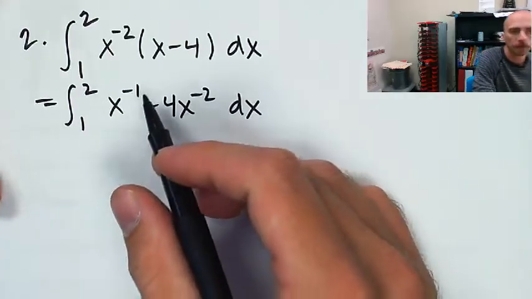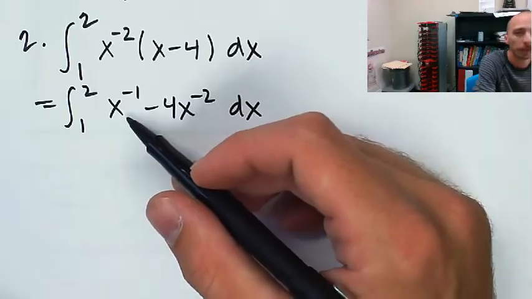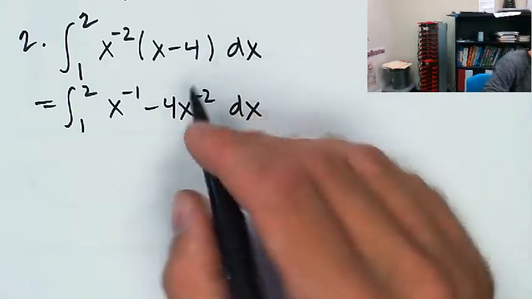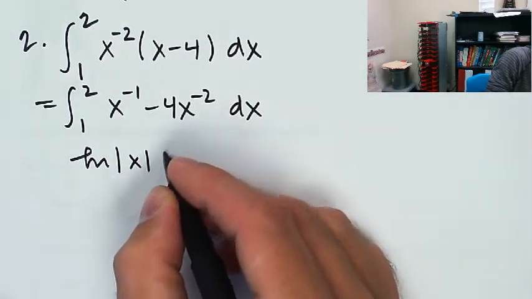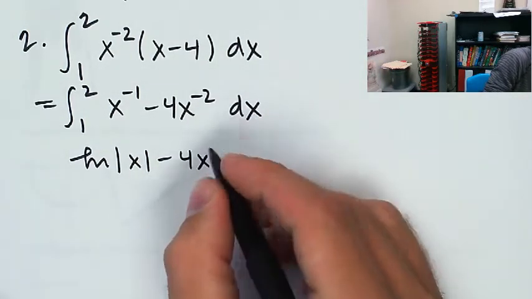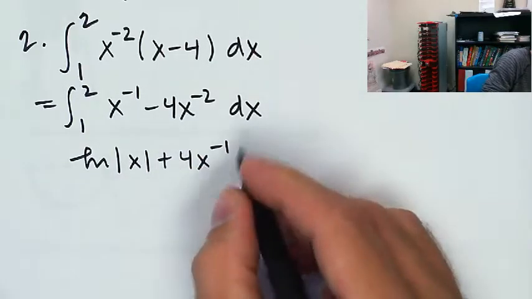Anti-differentiate this. If you try to use the power rule, you try to divide by 0, and x to the 0 divided by 0 is not an antiderivative for any type of function. So this is natural log absolute value x, minus 4x, add 1 to the power, and then divide by the new power. So that'll become plus.